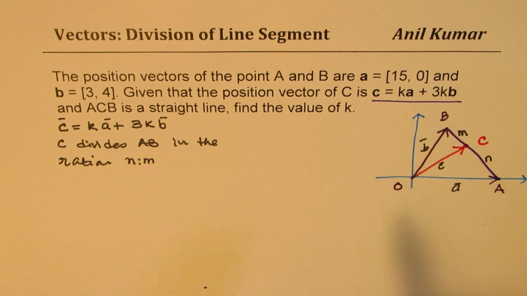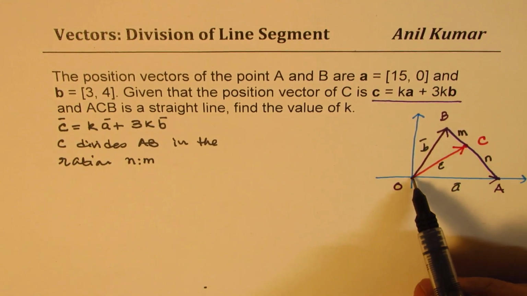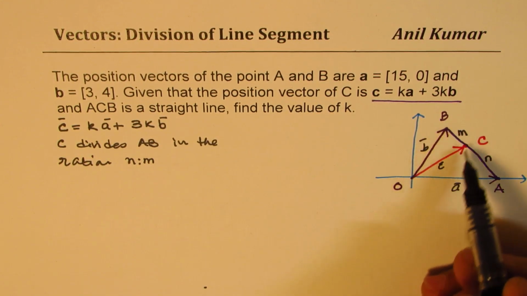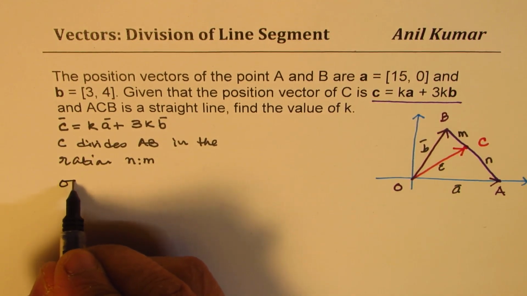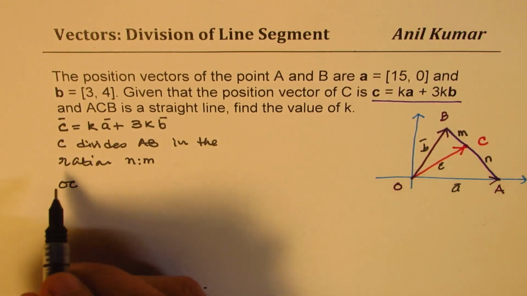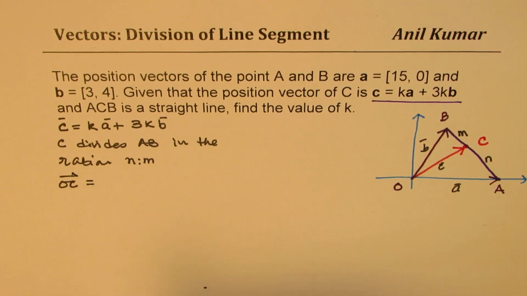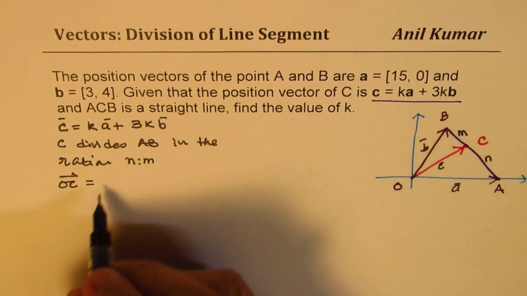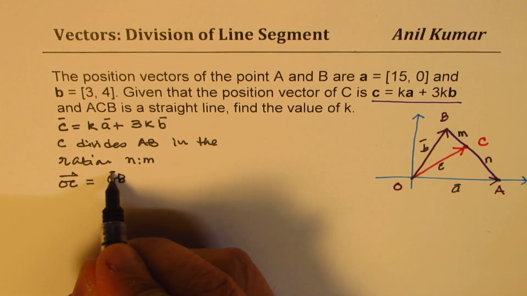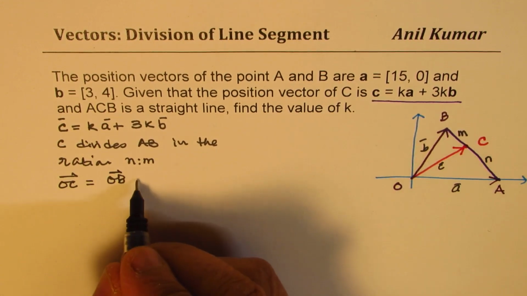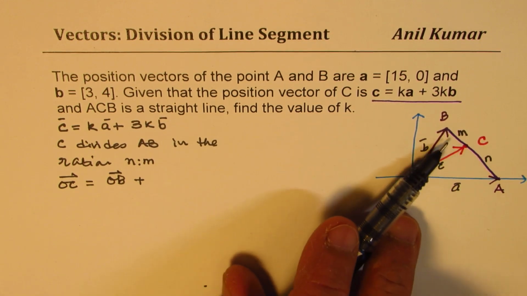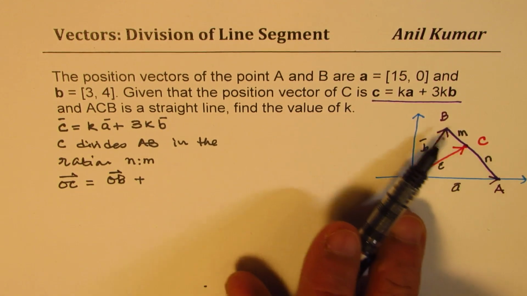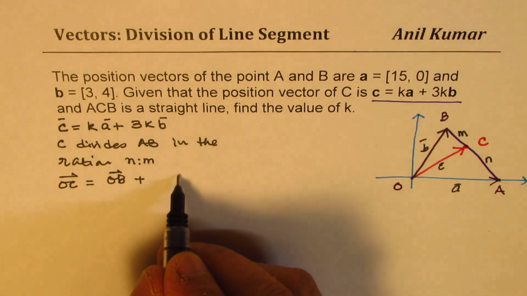Now from here, you can always write what OC is in terms of these vectors. Let me write OC is basically equal to OB, plus the vector B to A, a fraction of BA.